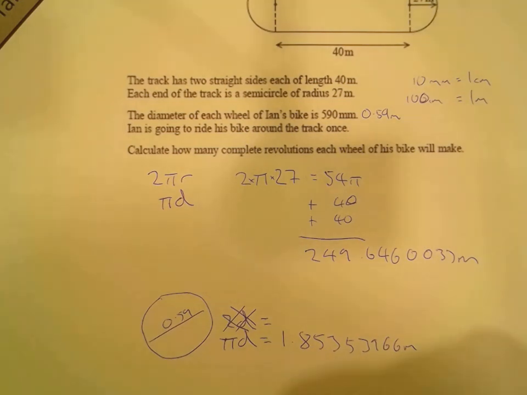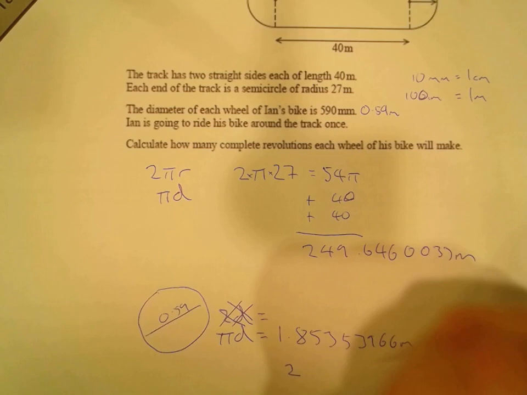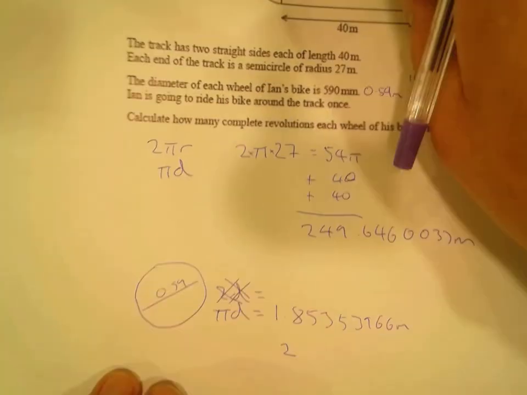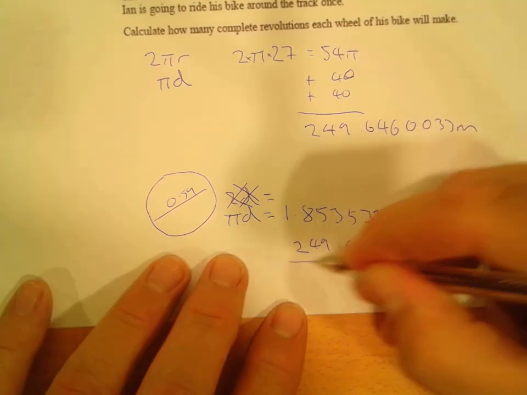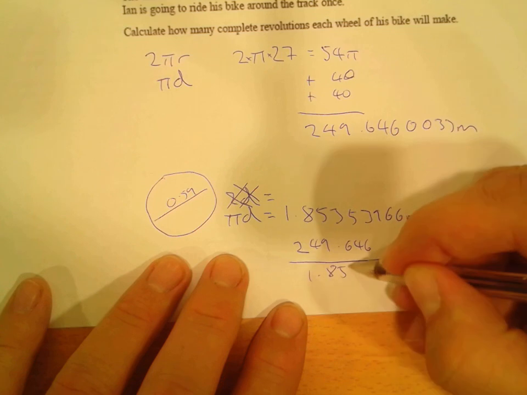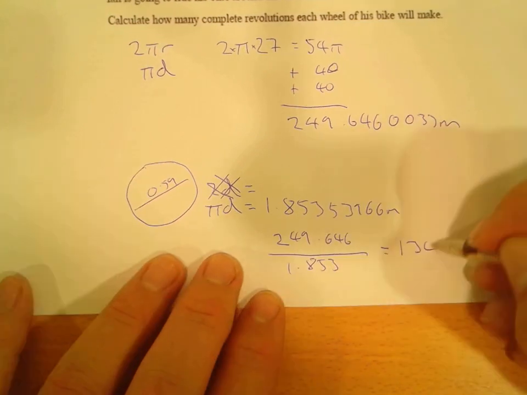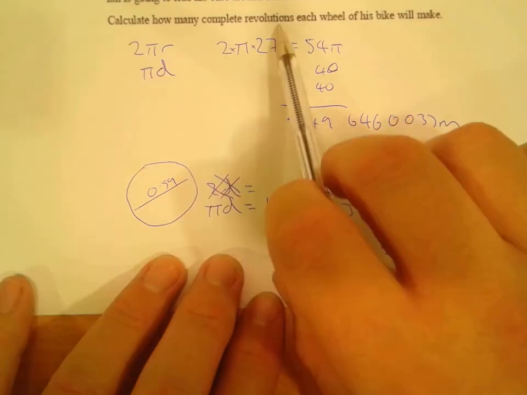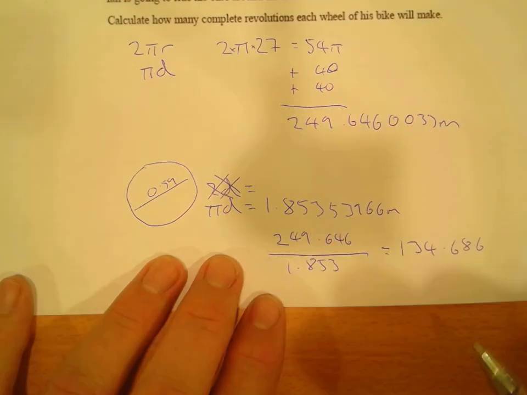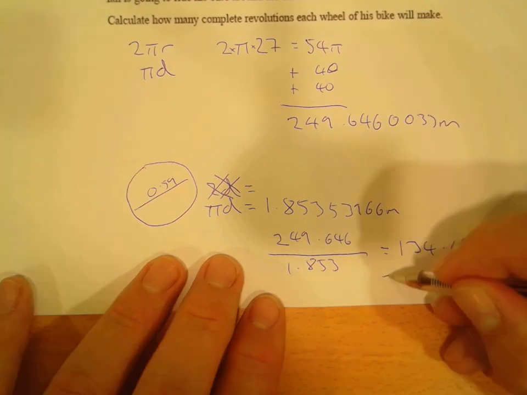I'll make sure I show the calculation so you can see it as well: 249.646 divided by 1.853 gives me a solution of 134.686. Calculate how many complete revolutions each wheel of his bike will make. So it's 134 complete revolutions with a little bit, so 134 revolutions.